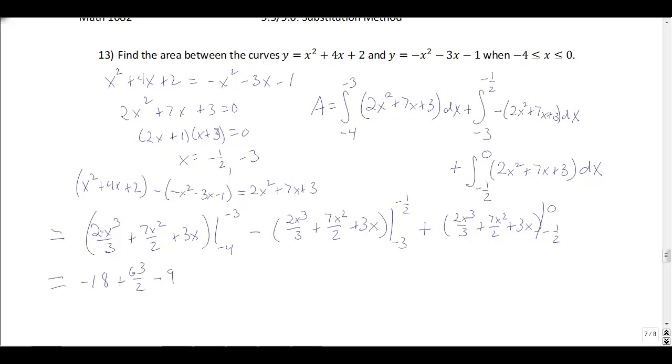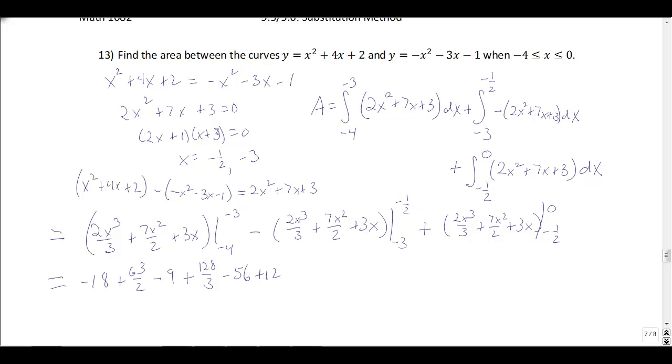That's -128, but I'm subtracting because it's the bottom thing I'm plugging in. So I get a +128 over 3. -4 squared is 16. 16 times 7 is, let's see, 70 plus 42, that's 112. Although, probably what's simpler is when I have 16 over 2, that's 8. 8 times 7 is 56. And I have to subtract. And I get a -12, that's a +12.